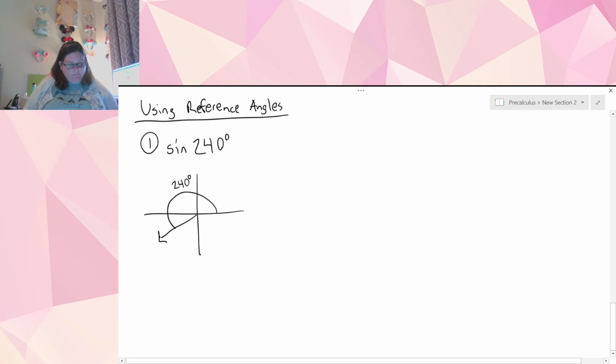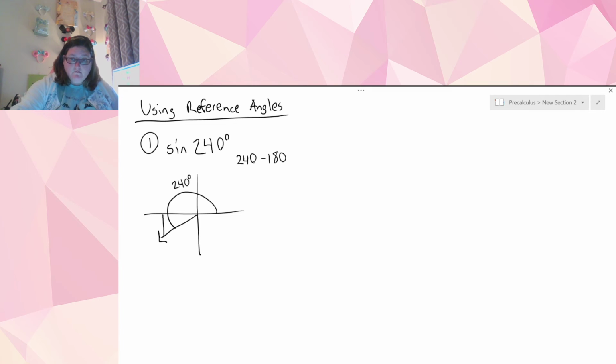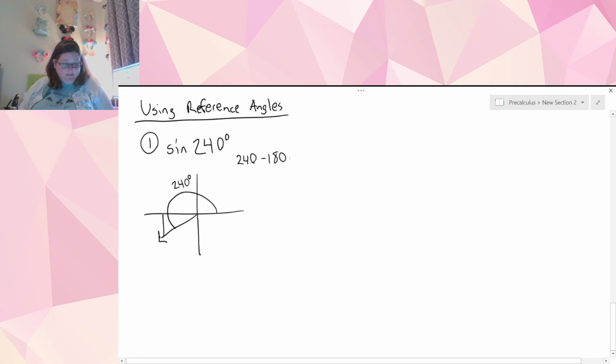So when I set up my triangle for 240, I'm doing 240 minus 180 to find my reference angle. So 240 minus 180, if my math is correct, is 60, which it should be. So that 60 degrees is my reference angle.